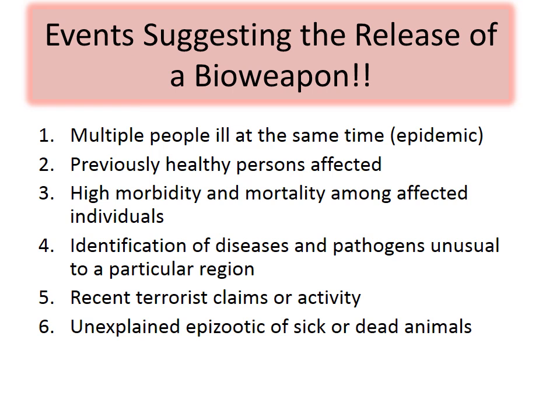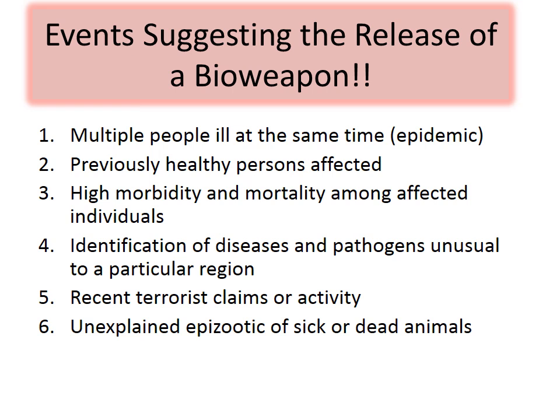Some of the points are important. For example, if you see that multiple people are ill at the same time, that's the definition of an epidemic. People who were previously healthy all of a sudden become affected, become sick, and start dying. Then they would do tests and find out if they can relate the same organism to all the people. So you have to be careful.